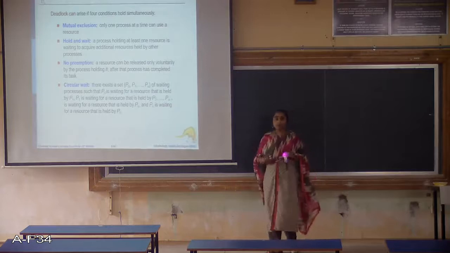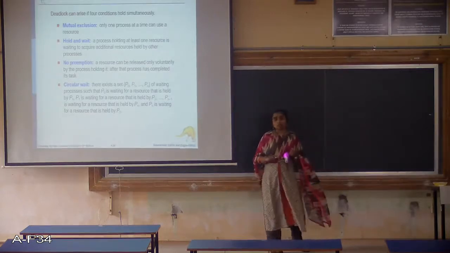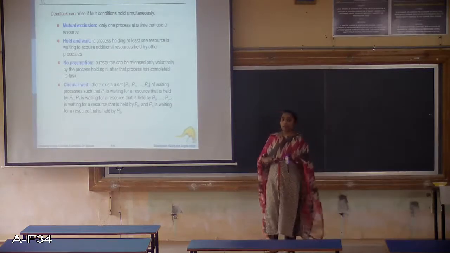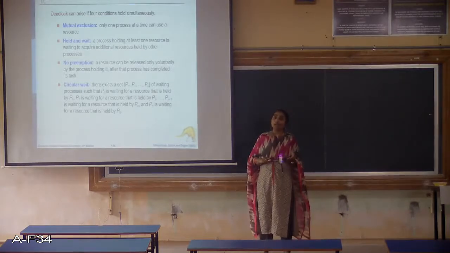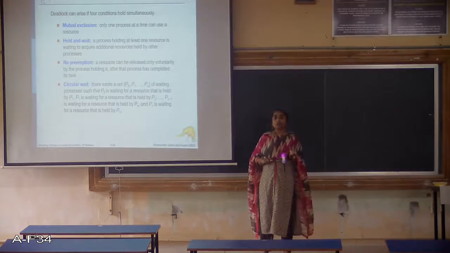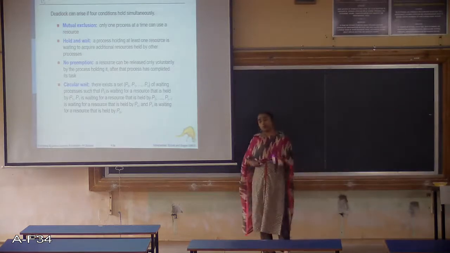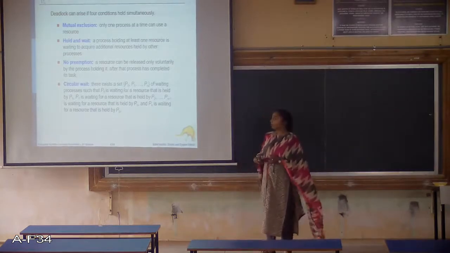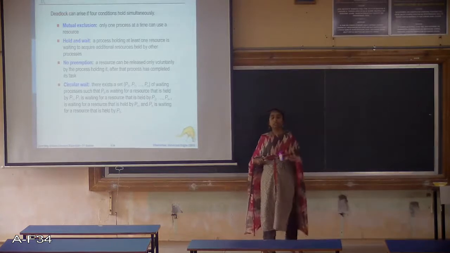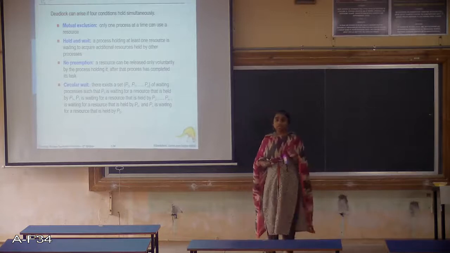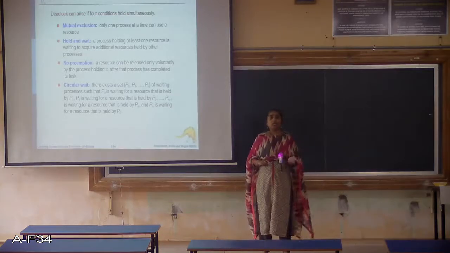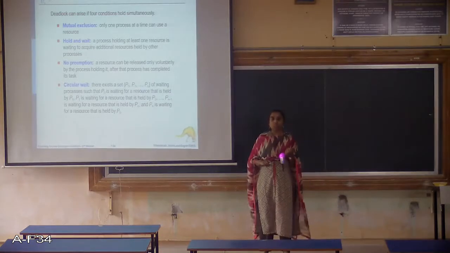No preemption. When a process is holding a resource and that resource cannot be preempted, meaning it cannot be taken back from that process even if it is in the waiting state, that is another condition that can cause a deadlock. The processes holding the resources hold them until they finish execution. Actually, if they are put into waiting, we can take the resources back if possible.